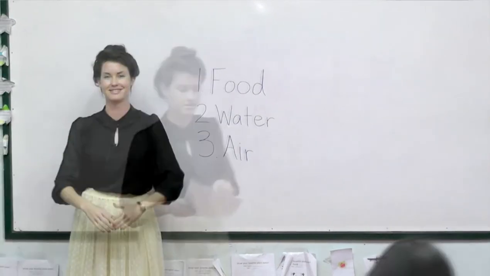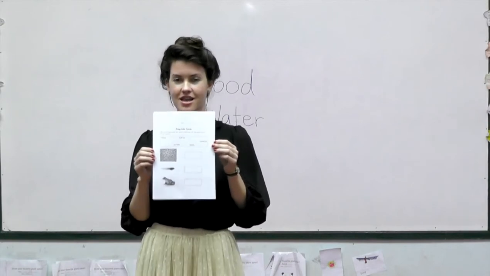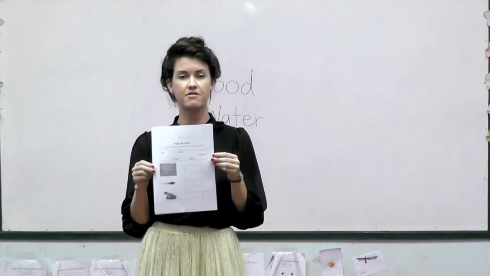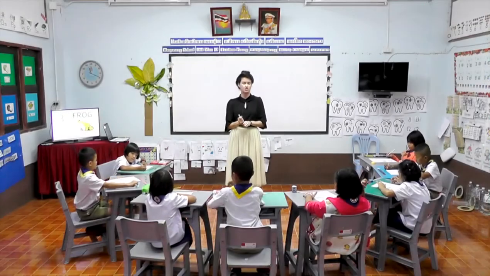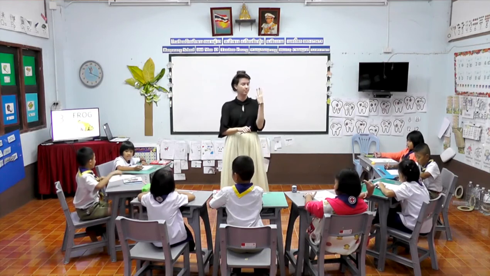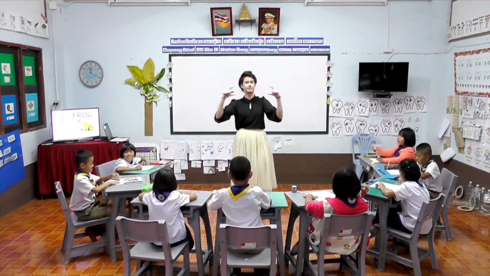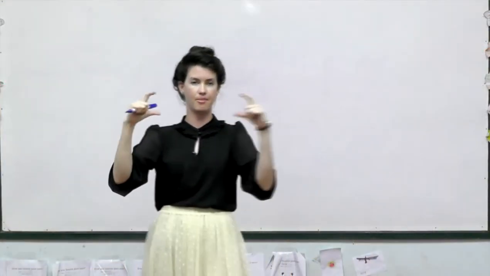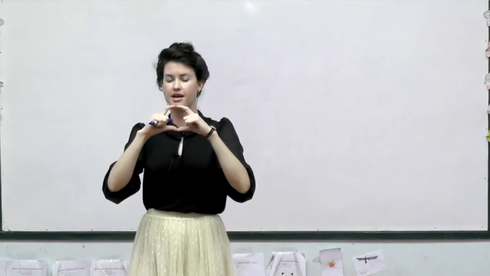Take a seat. Okay, we've got a quick worksheet about our frogs. So we're going to do this one together. You can follow along with us for about 5 or 10 minutes. How many pictures do we have? 3 pictures. And we have some words in that box. How many words are in that box?